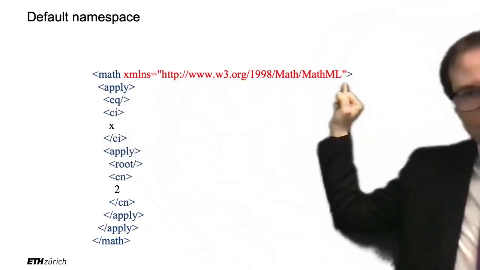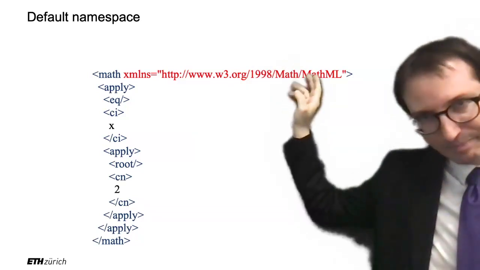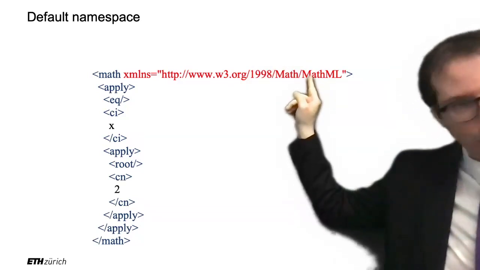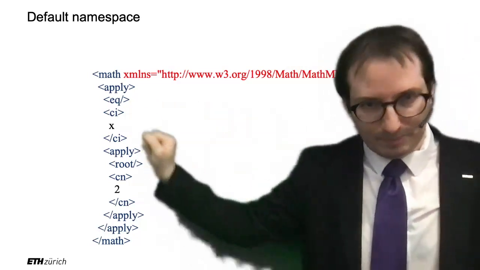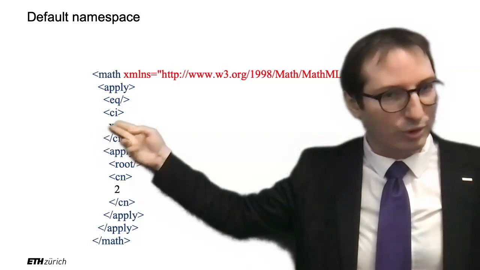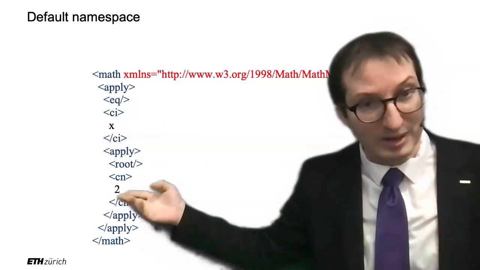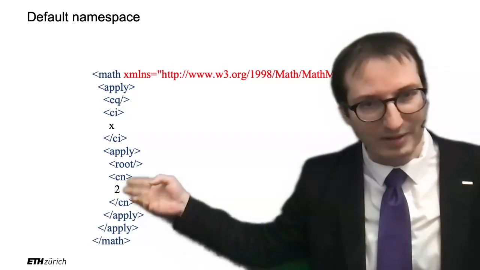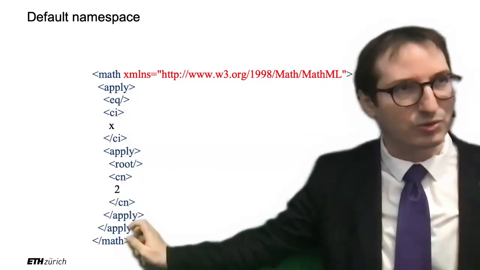There is somewhere a specification and a schema, but we'll cover that in 2 weeks, that basically says what the constraints are. For example, it might tell you that CI must have the name of a variable inside, that you're not allowed to have other elements. It might tell you that CN must be an integer, for example, probably for constant, right? So it basically defines some constraints on that structure.